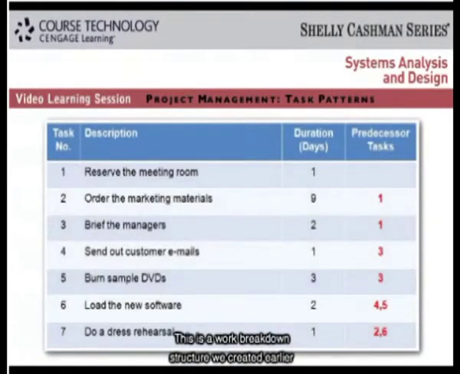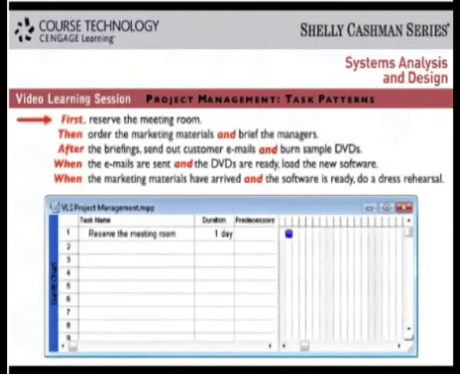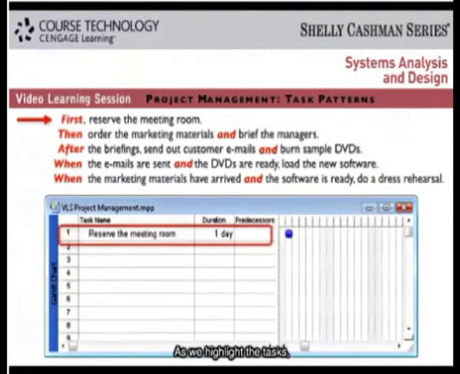This is a work breakdown structure we created earlier in the session. Now we'll enter the data into Microsoft Project. As we highlight the tasks, the Gantt chart will show the patterns.